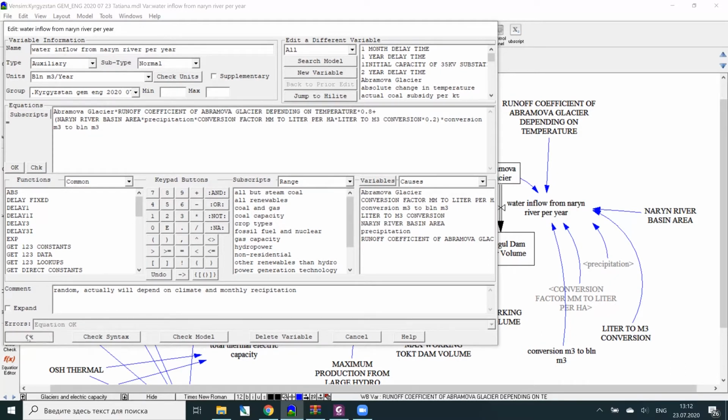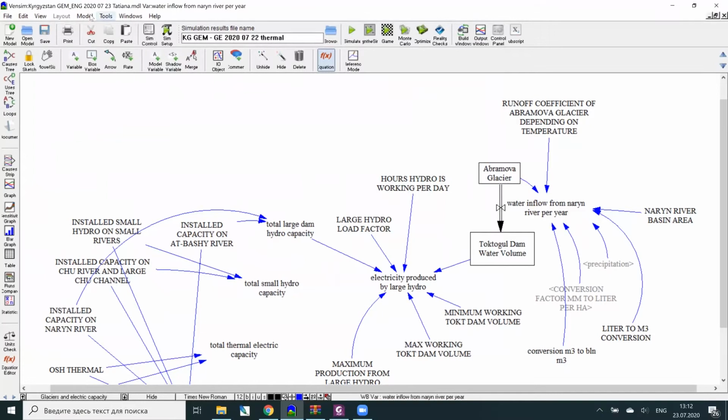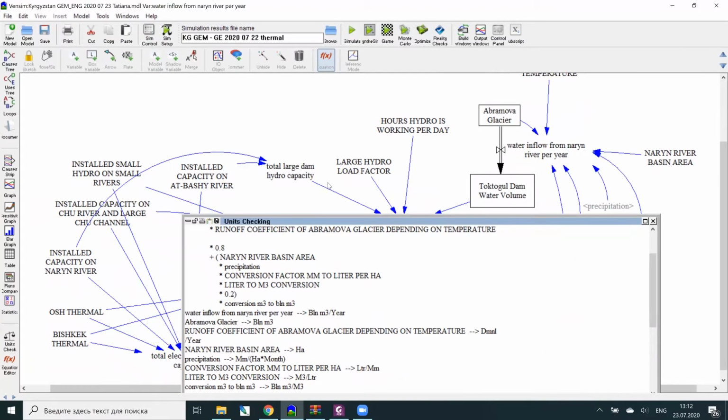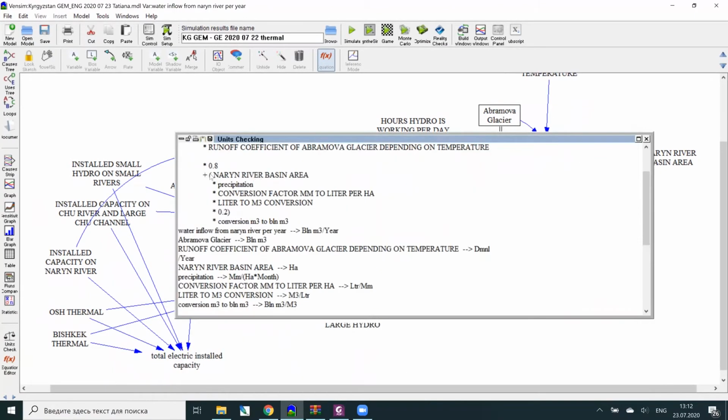But I still have the problem here with units because you have this glacier runoff per year and billion cubic meters per year.